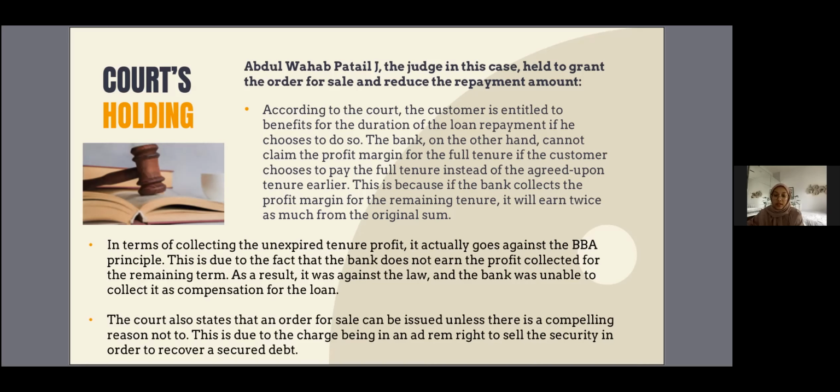As a result, it was against the law and the bank was unable to collect it as compensation for the loan. The court also states that an order for sale can be issued unless there is a compelling reason not to. And this is due to the charge being an ad rem right to sell the security in order to recover a secured debt.